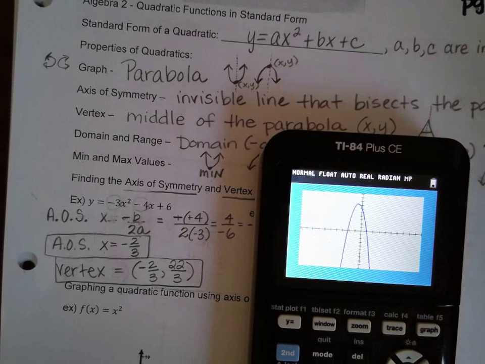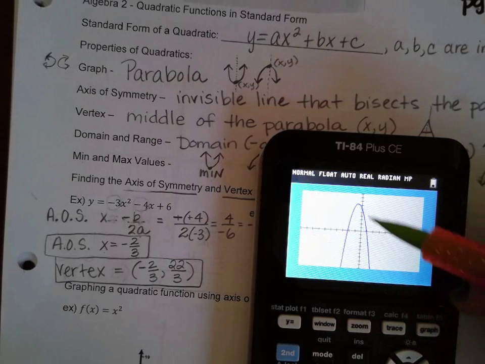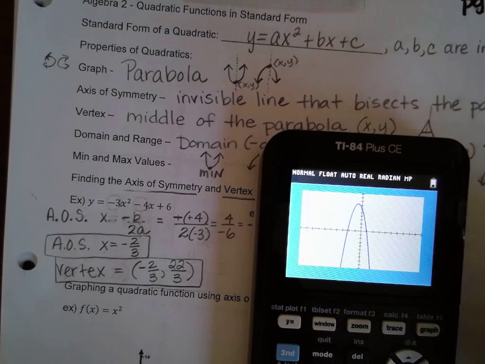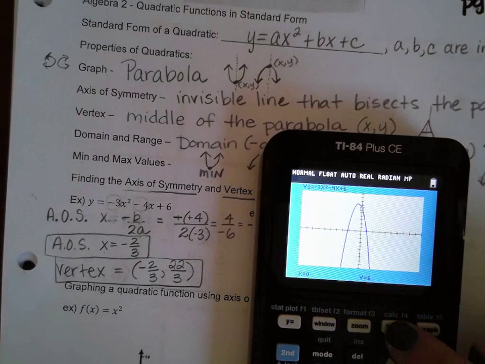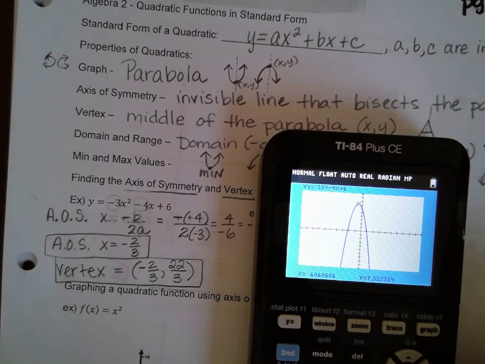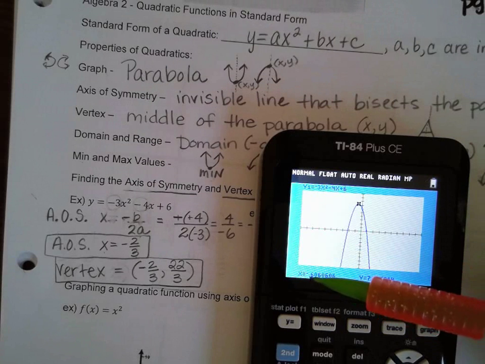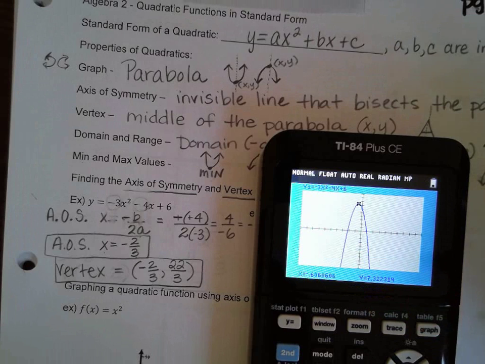Depending on who used your calculator before you, they may have changed the window. So here's your parabola. If you were to hit trace on your calculator, trace is right next to graph, and arrow over all the way up at the top, you would see that it's kind of hard to get exactly on there, but we're pretty close. You're at an x value of negative 0.6.